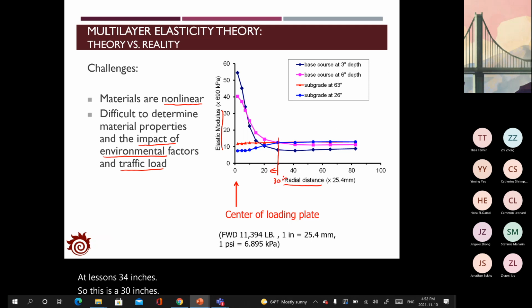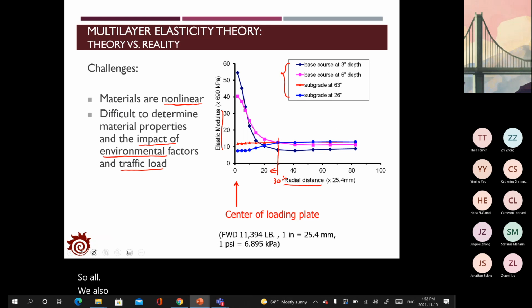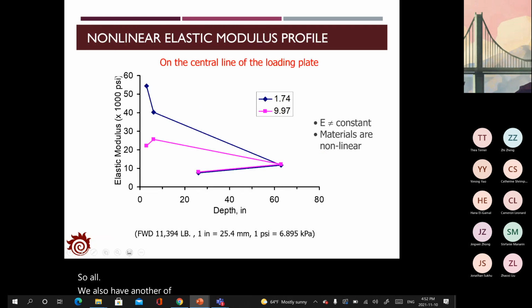And also they have very significant difference about the modulus elasticity at different depths, as what you can see about the different colors. So this all increased the difficulty for us to find out the realistic stress and strain for the pavement. So we also have another figure observed from the reality.